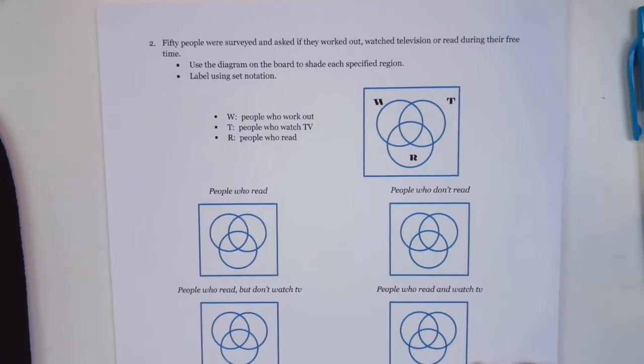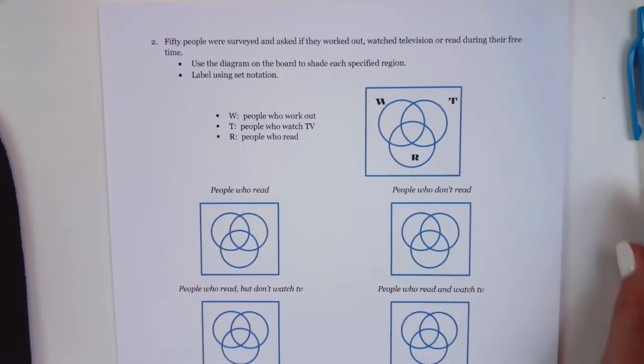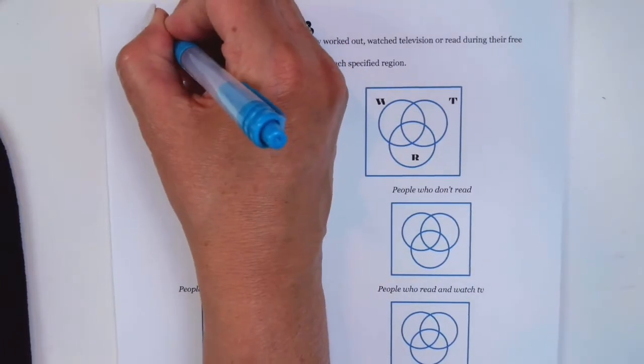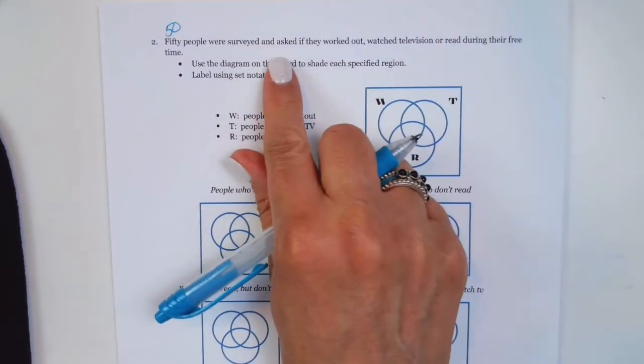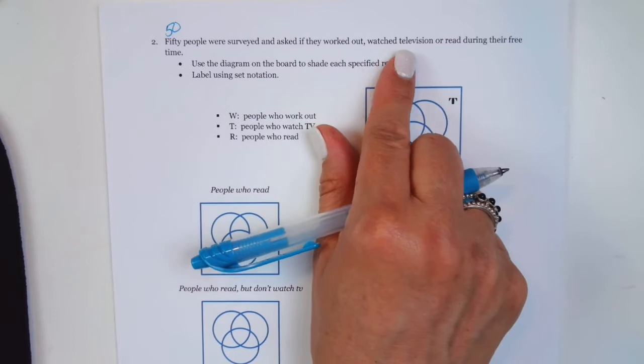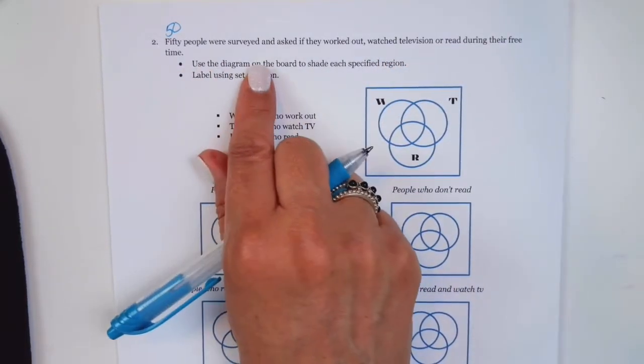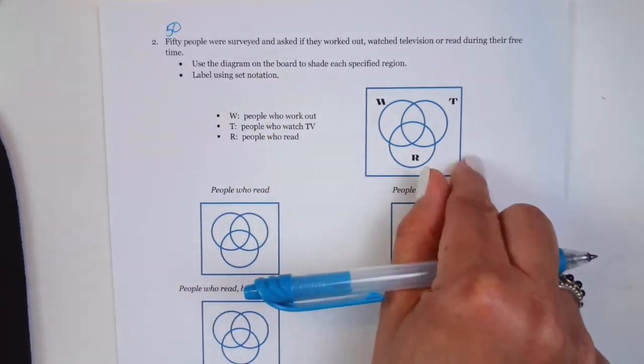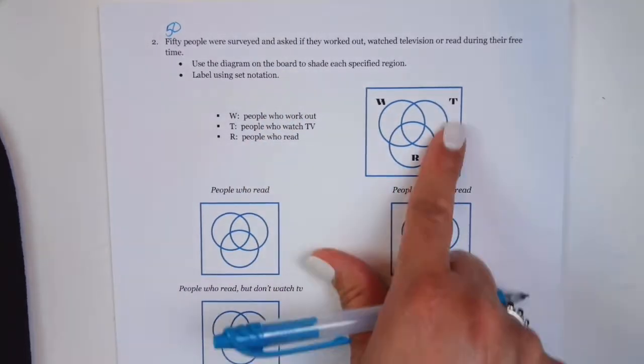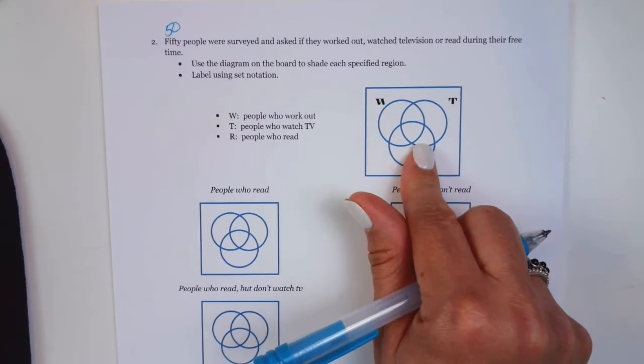So on number 2, we have 50 people were surveyed and asked if they worked out, watched TV, or read during their free time. Now we're going to use the diagram here to shade each specified region.